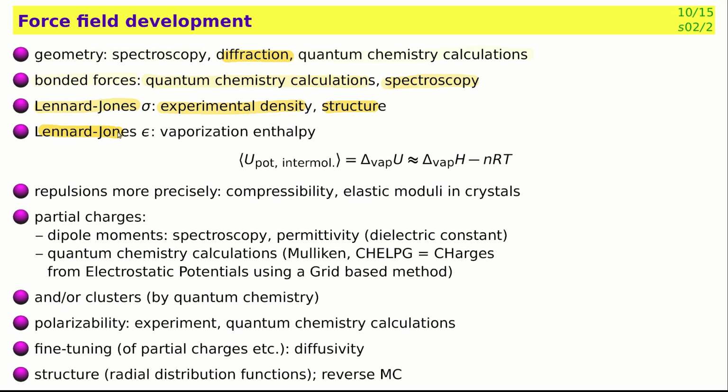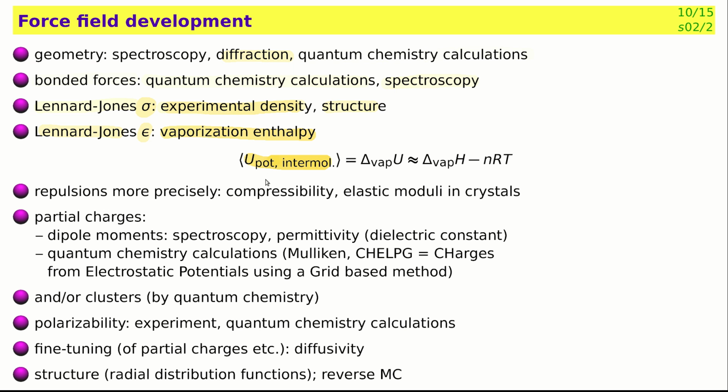As regards the Lennard-Jones epsilon, this is the energetic parameter. Sigma means the size of the molecule, that is, density is appropriate. Here we use usually the vaporization enthalpy. This vaporization enthalpy is related to the mean potential.